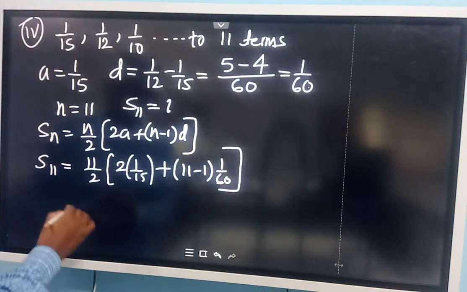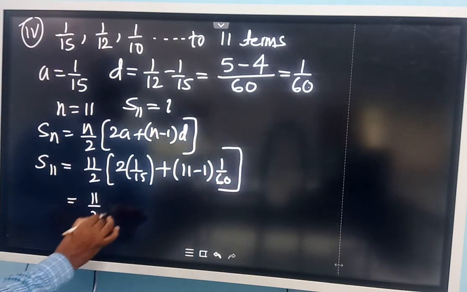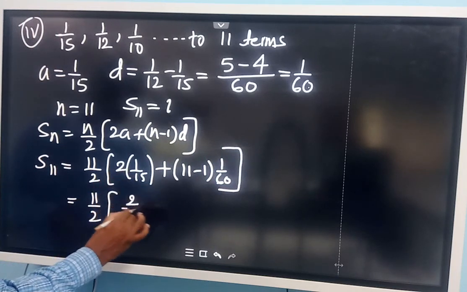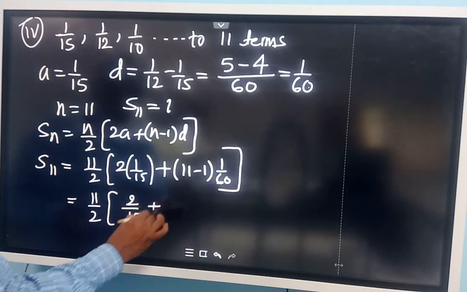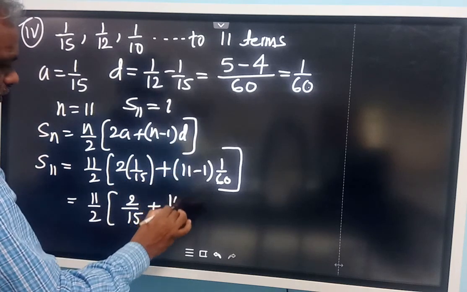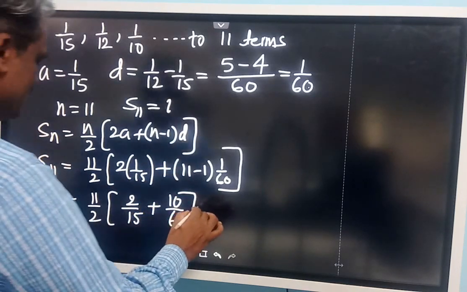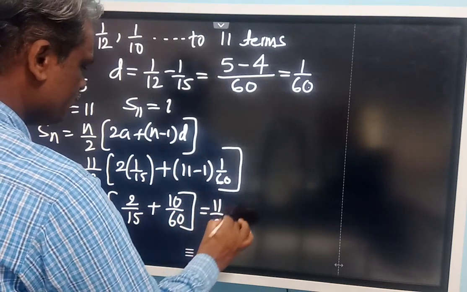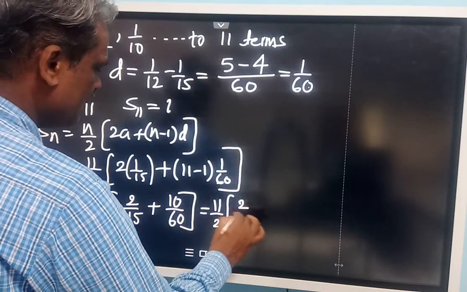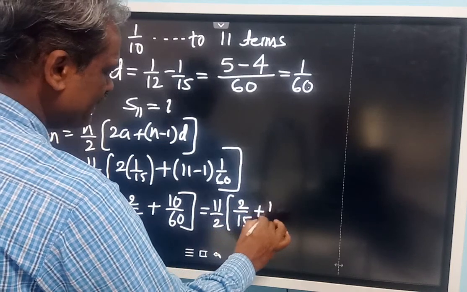Simplify this: 11 by 2, inside the bracket it becomes 2 by 15 plus 10 by 60.